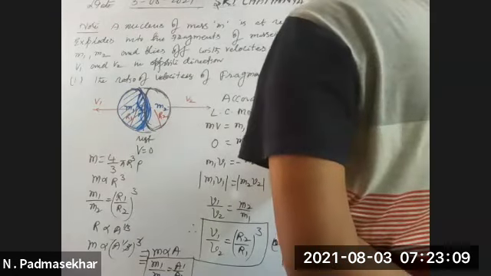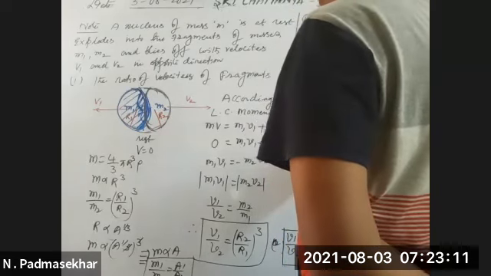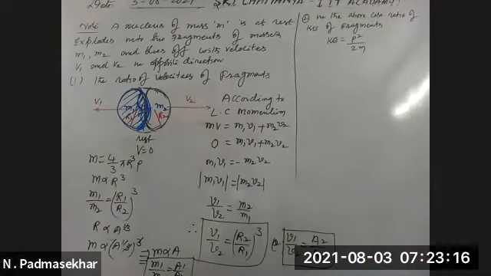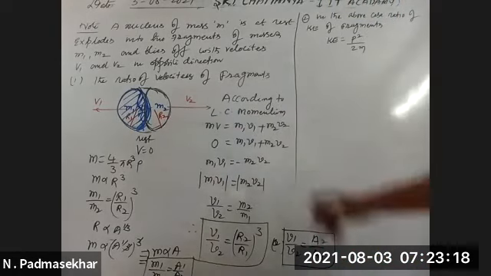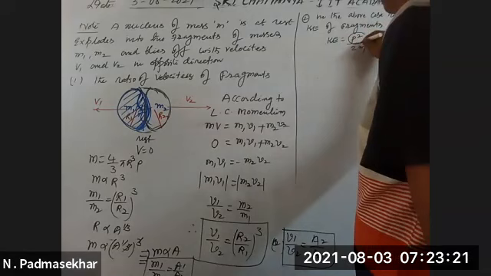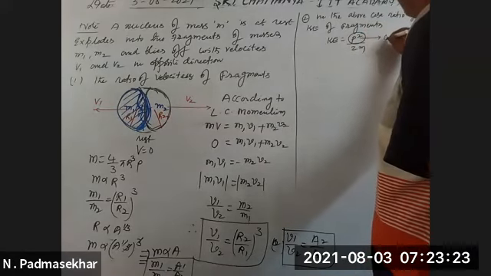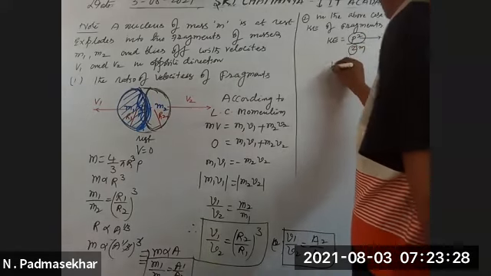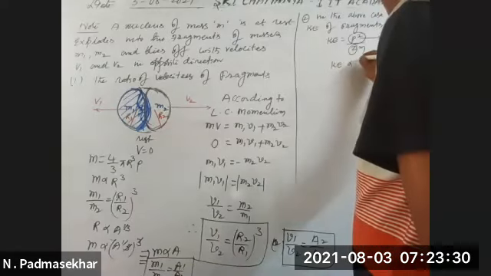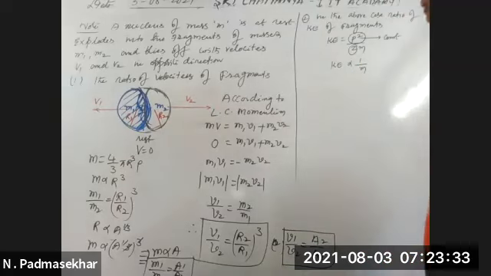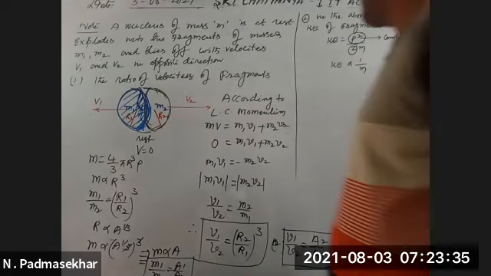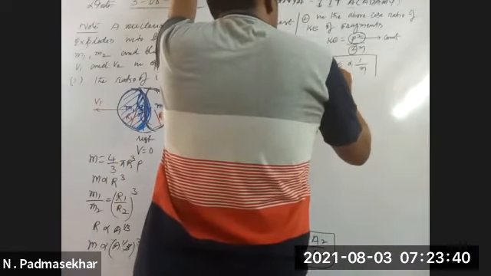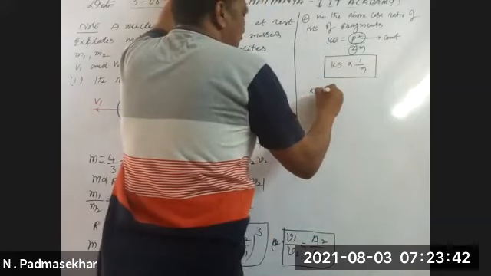You know the kinetic energy KE is equal to P square by 2m. In this particular case the momentum is constant, and the 2 is constant, so the kinetic energy is inversely proportional to m.